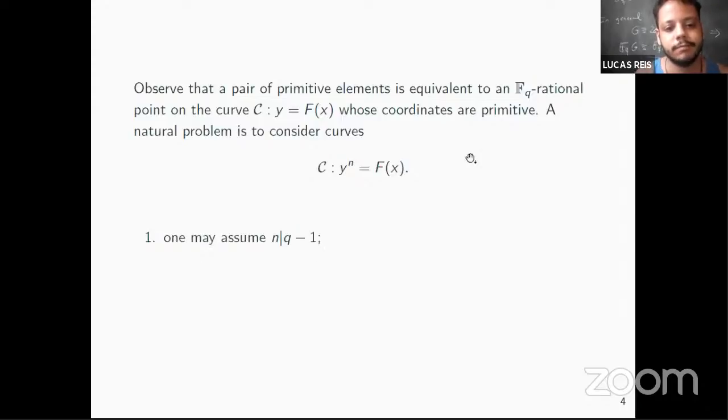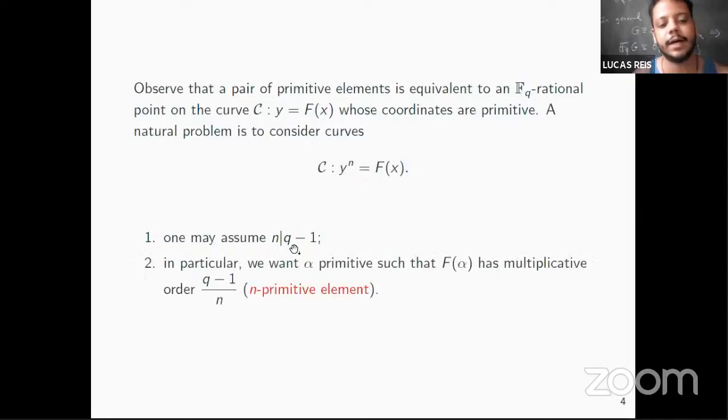The first remark is quite trivial. We can assume that n is a divisor of q minus 1. It's just a simple exercise. Basically, if n divides q minus 1, finding a rational point with primitive coordinates is equivalent to finding alpha in FQ primitive such that f of alpha has multiplicative order q minus 1 over n, which is also called an n-primitive element.